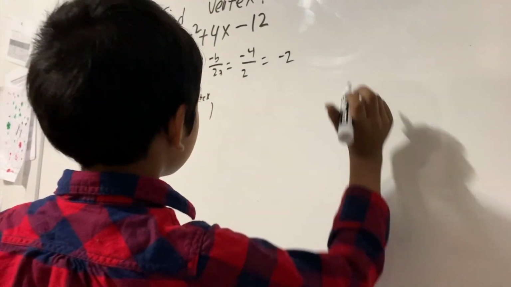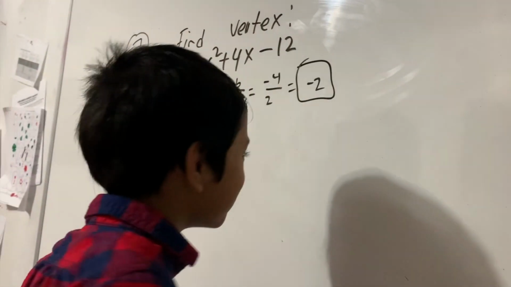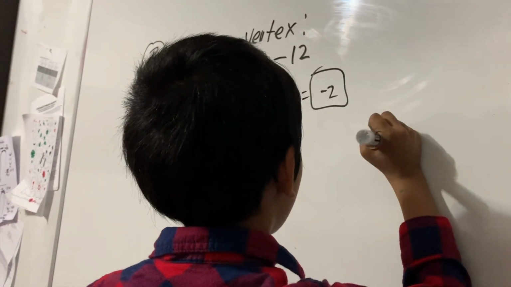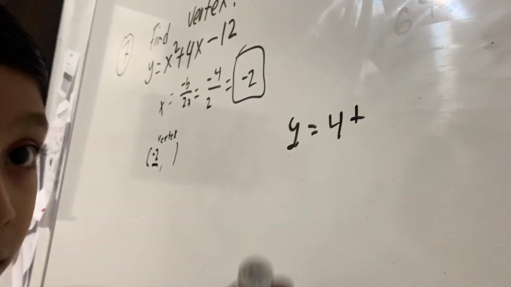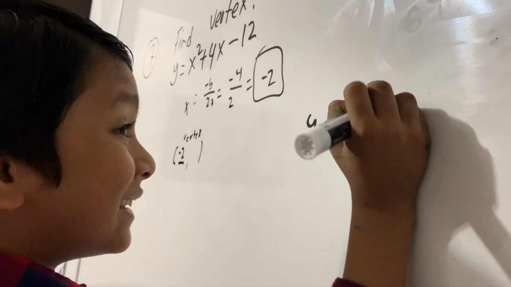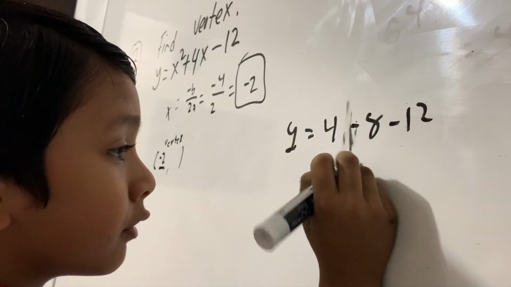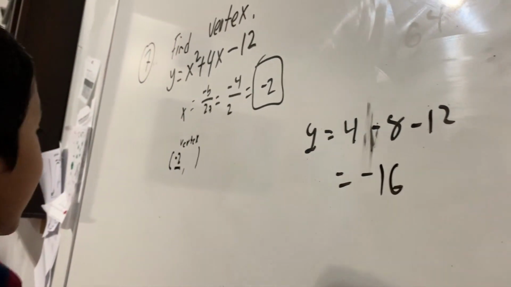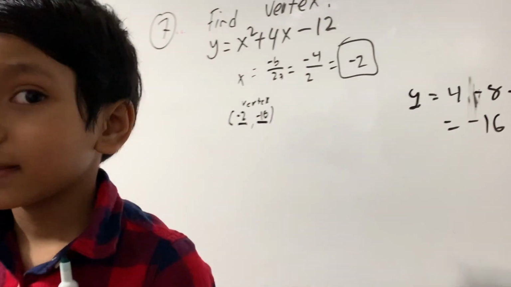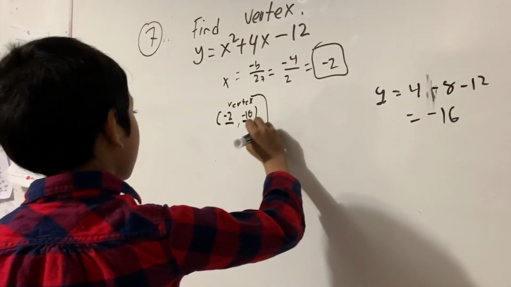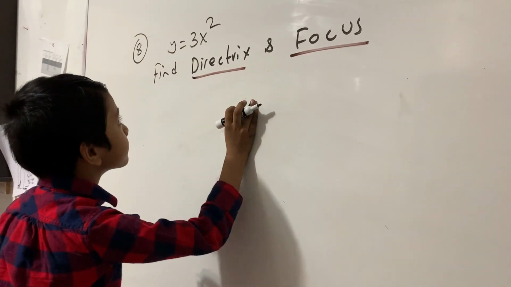So y equals minus 2 squared is 4, plus 4 times minus 2 is minus 8, minus 12. So if you do the math, that's minus 16. And there you go, ladies and gentlemen. That's your answer.